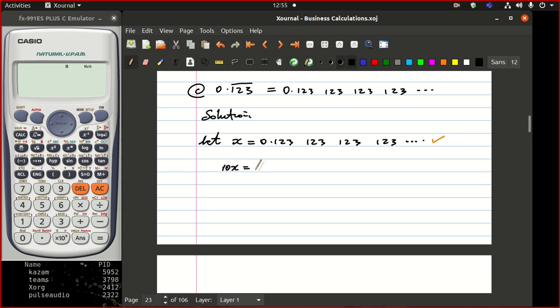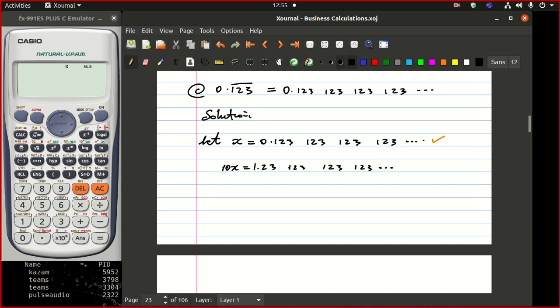And then of course, once you multiply by a 10, you take this dot here, and we are moving it once, so we'll move it to this point here, so we'll end up having 1.23, and then 1, 2, 3, 1, 2, 3, and then 1, 2, 3. So we are having this nice thing here.